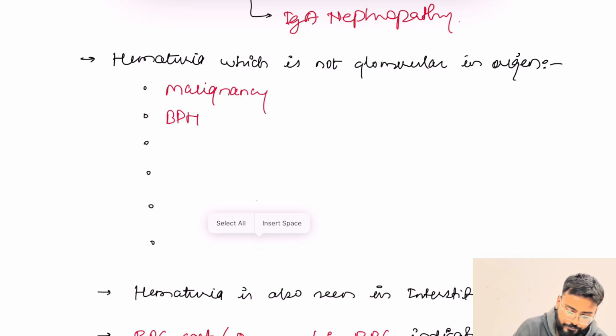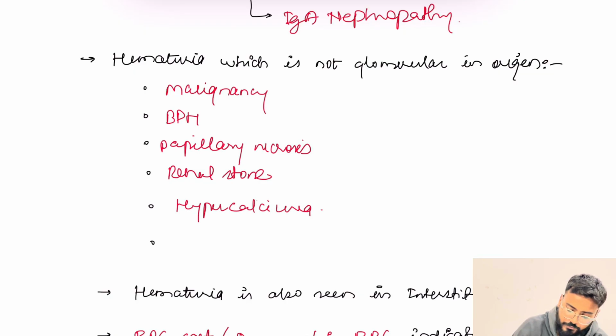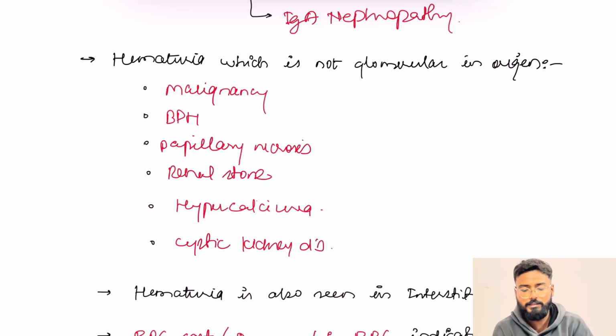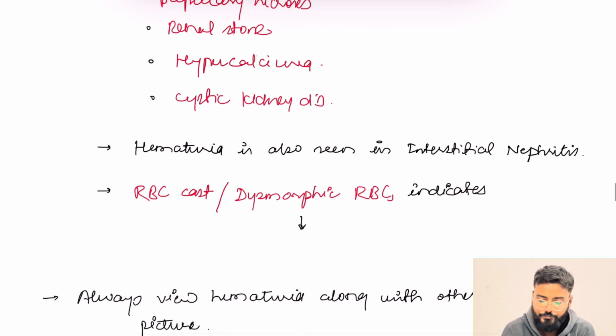It could be papillary necrosis. It could be renal stones. It could be hypercalciuria or cystic kidney disease. So in these certain conditions, the hematuria is not glomerular in origin.